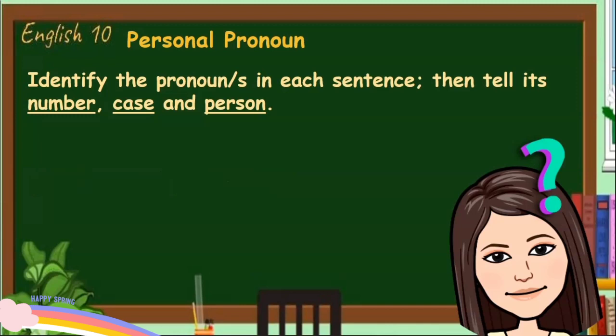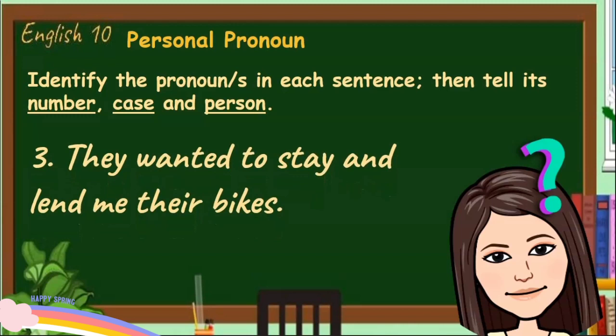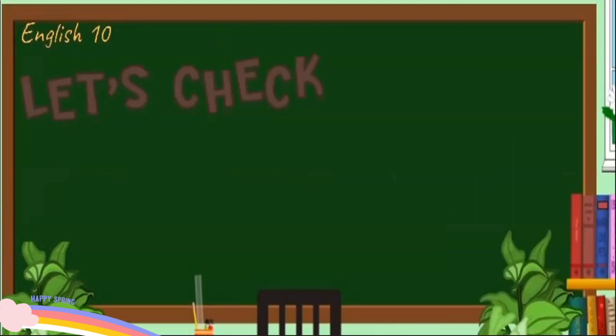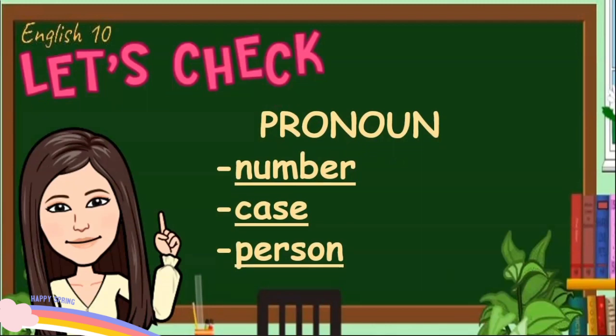And for the third one, they wanted to stay and lend me their bikes. Okay, let's check your answers. Again, earlier I told you to spot the pronoun or write down the pronoun that you have seen, tell its number, its case, and the person that it belongs to.